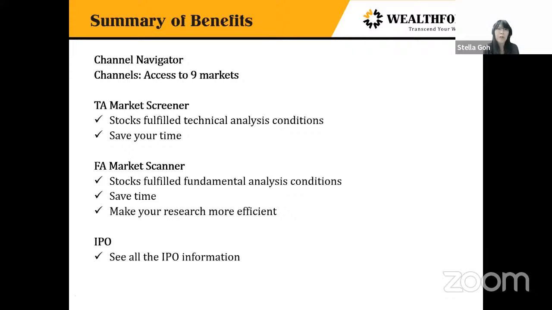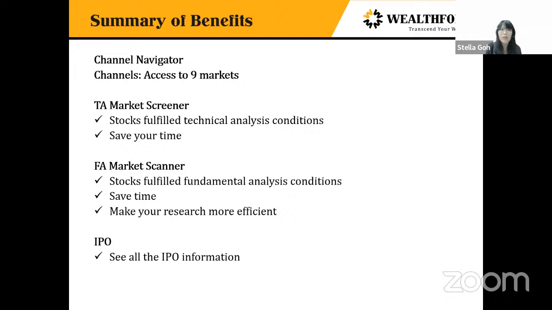The stocks that fulfill the fundamental analysis condition, you just click on it. All the stocks that fulfill a certain fundamental condition will be listed out for you. And also it helps you to save your time and make your research more convenient and efficient.